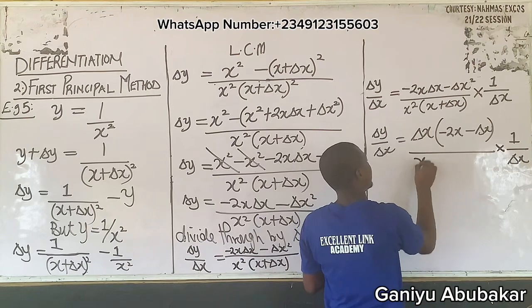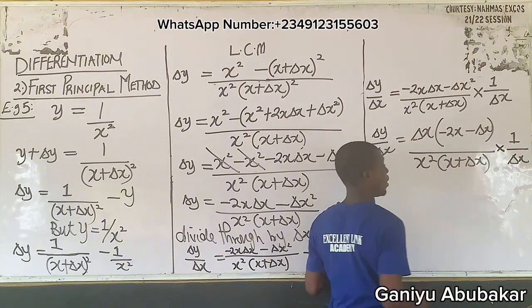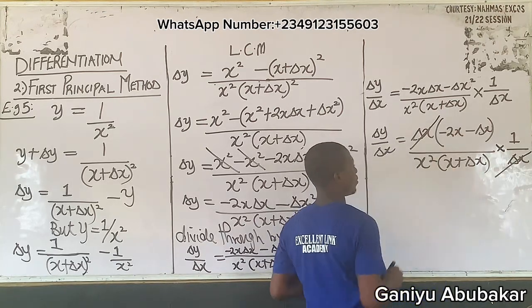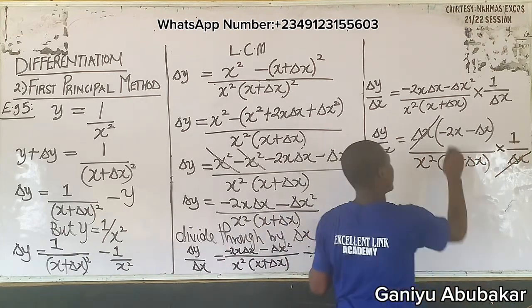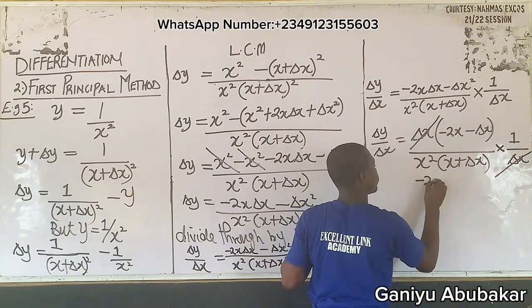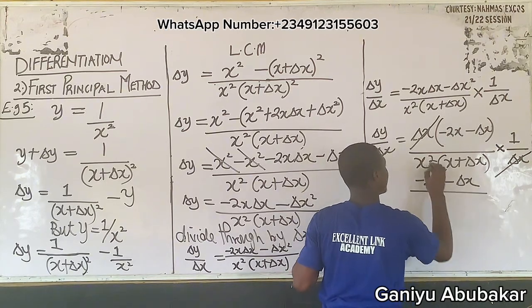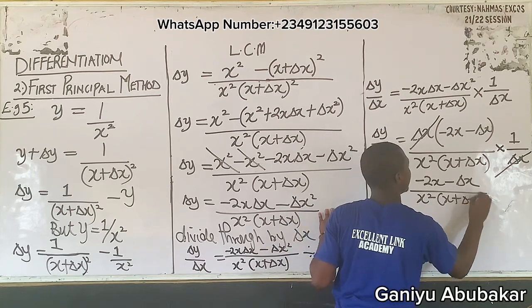Repeat this, x squared into x plus change in x. What next here? This one cancels this. What am I having left? This times this itself. I have minus 2x minus change in x all over x squared into x plus change in x.